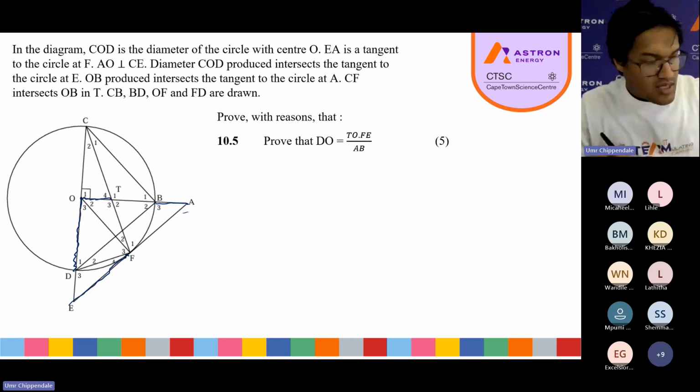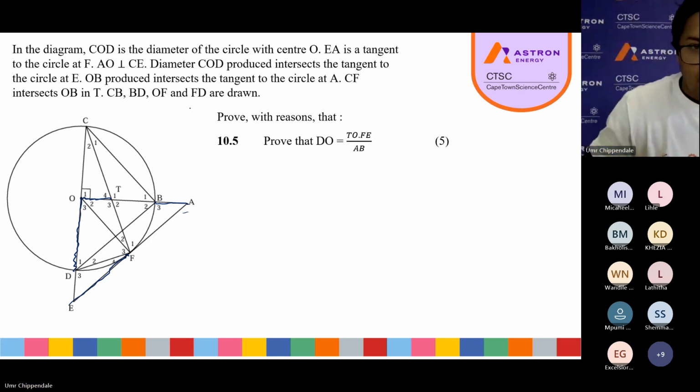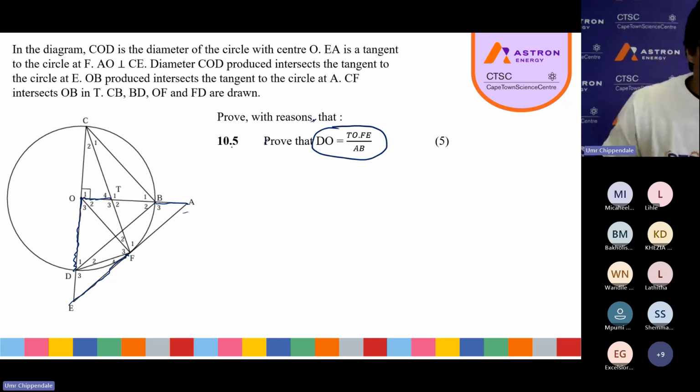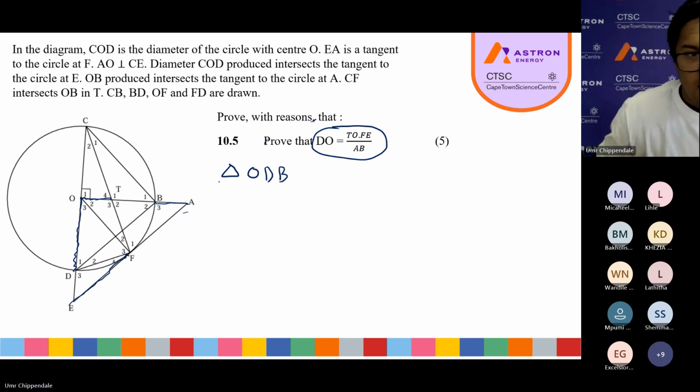So instead, what we want to know is this. Now we can say that in triangle ODB, we're going to have this entire section over here. If we have that triangle, what side do we have that is needed? D and O. If we deal with triangle DFE, what is needed?